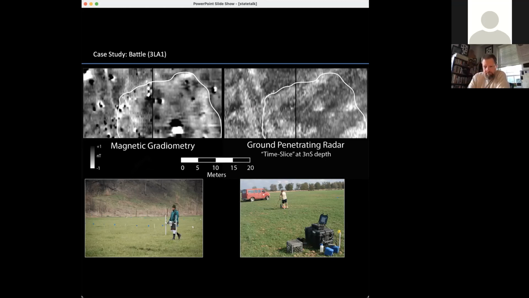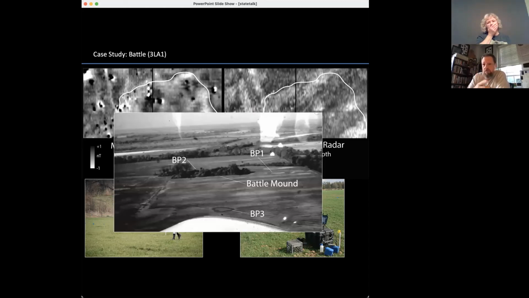But when we compare the results of the magnetic gradiometry and ground-penetrating radar to the historic aerial imagery, look at this, a borrow pit, okay? That had since dried up over the years.